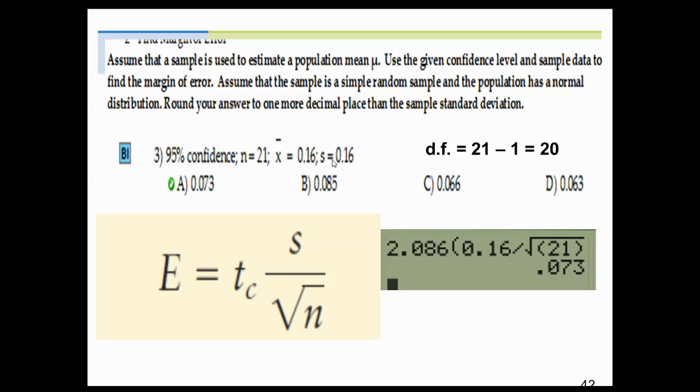S is given to you as 0.16. n is given to you as 21. There it is. So using the formula, here again, I've enclosed this quotient in parentheses. You would not have to do that. You'd have to just put a times sign here. So the parentheses save me the time of putting a times sign. Anyways, 0.073, spot on.